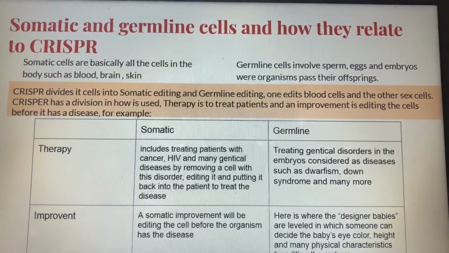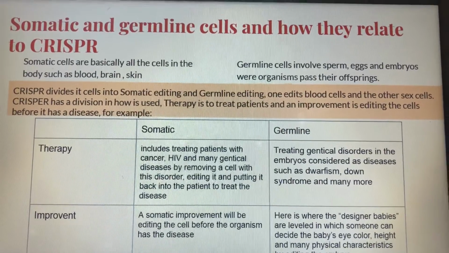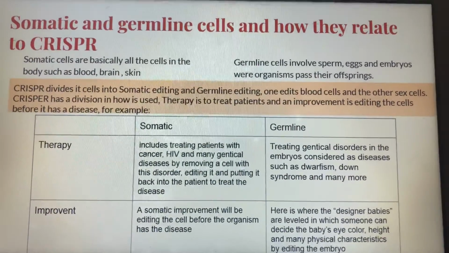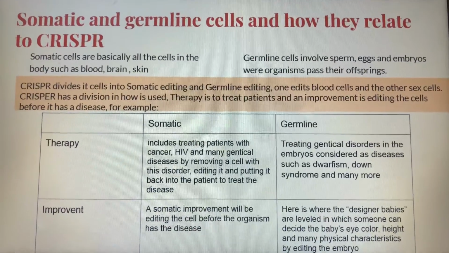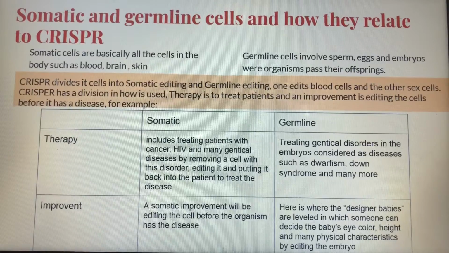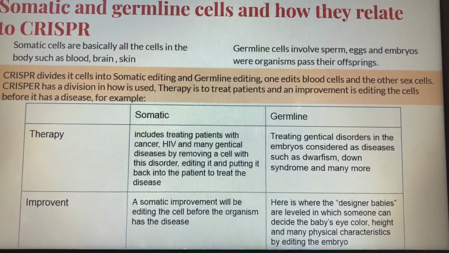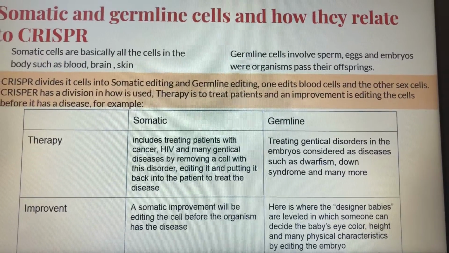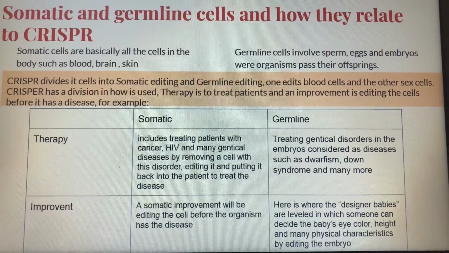Here is where people argue, because someone may consider dwarfism a disease, but someone else may not. And improvement is where designer babies come in, in which someone can decide the baby's eye color, height, and many physical characteristics by editing the embryo.